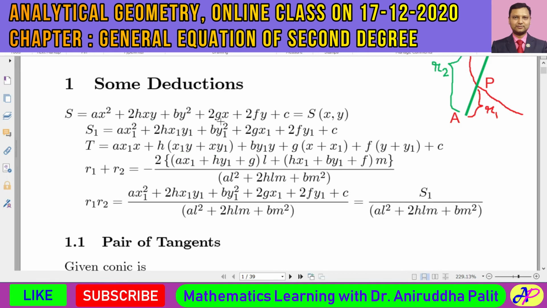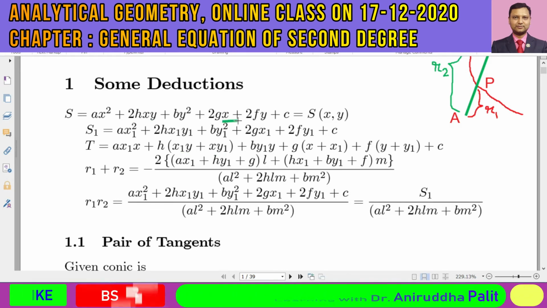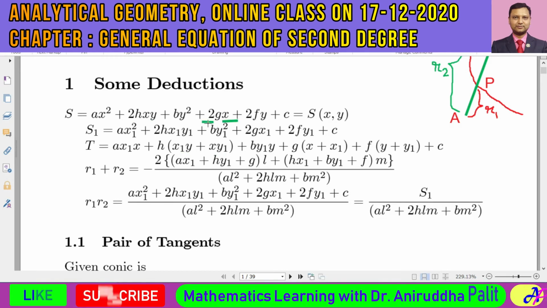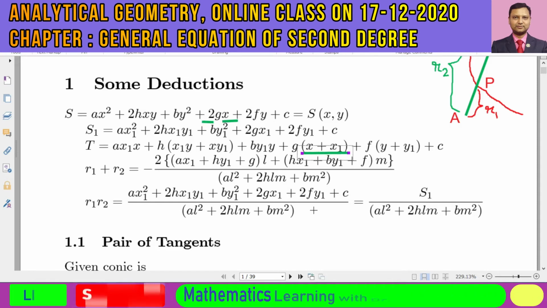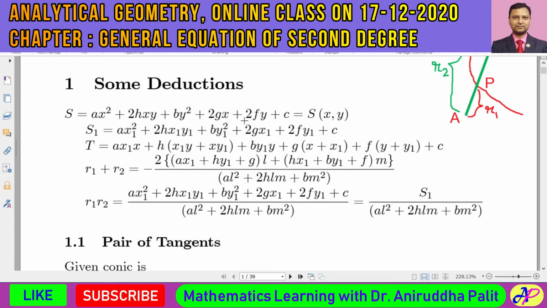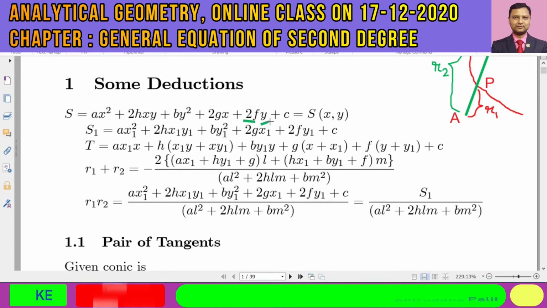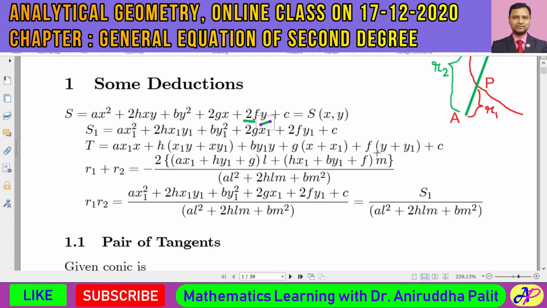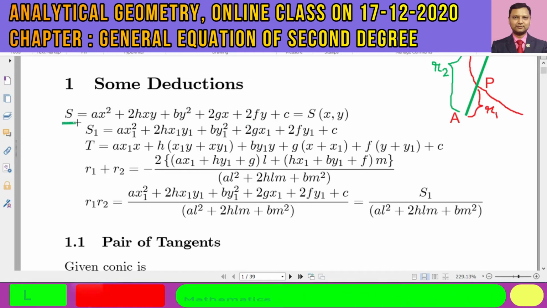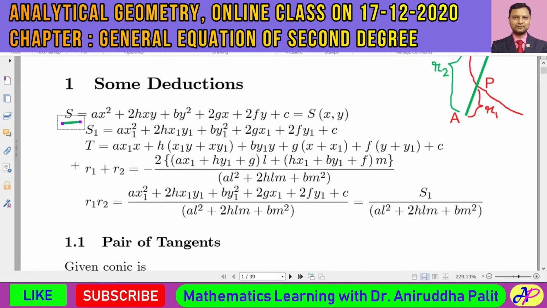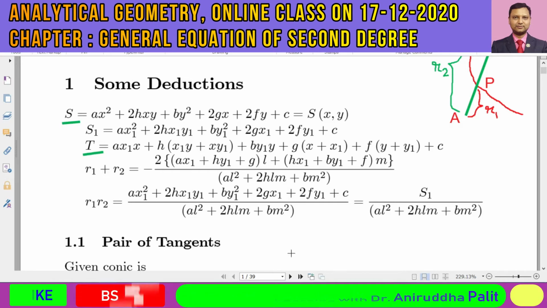Then twice x will be replaced by x plus x1. Next, twice y will be replaced by y plus y1. So if we apply this kind of replacement in the expression of capital S, we will get the expression of t.